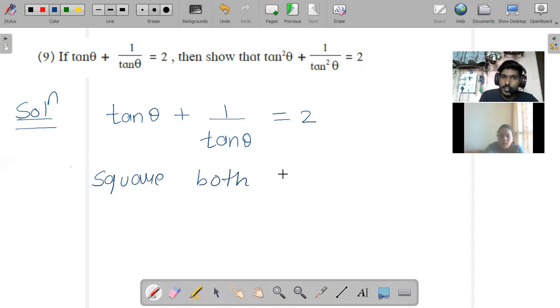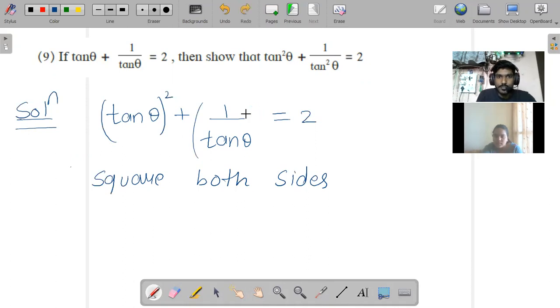Both of them together, tan theta plus 1 upon tan theta, you have to square as a whole: the first bracket, tan theta, and the second, 1 upon tan theta, with the square after that. Yes, that only we are doing.